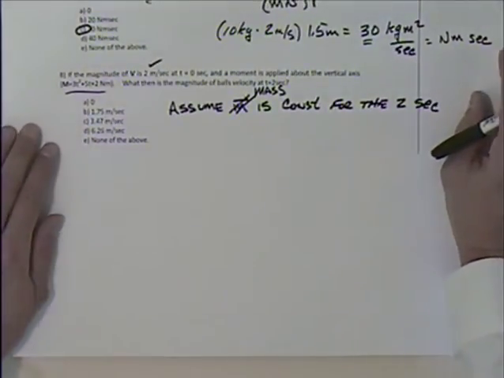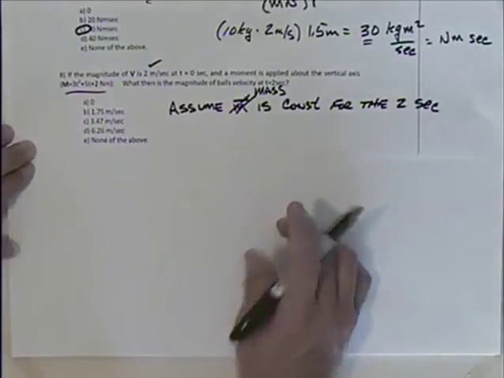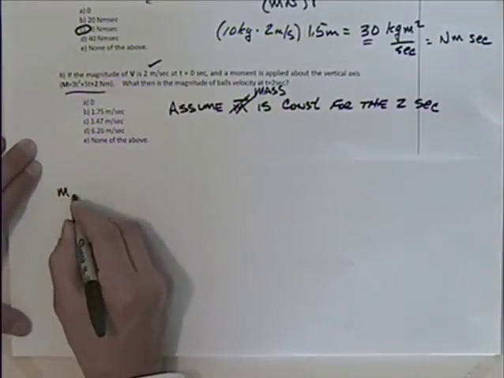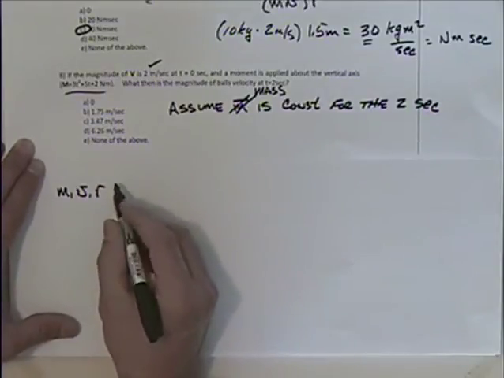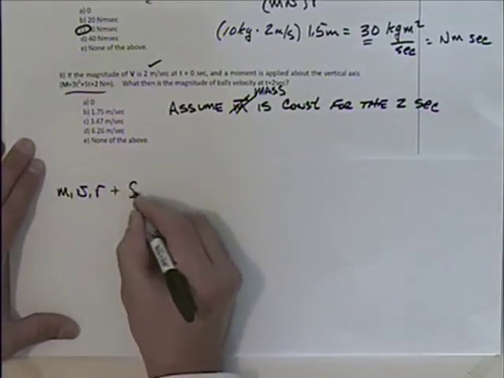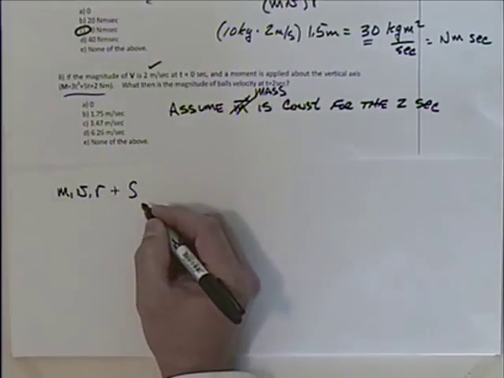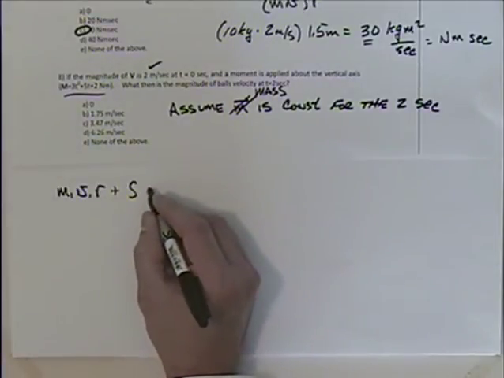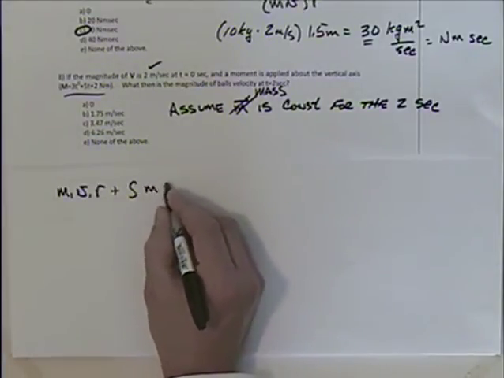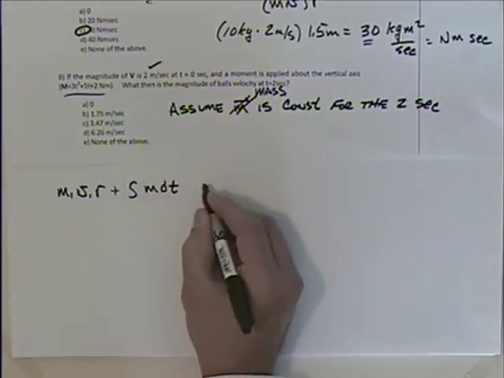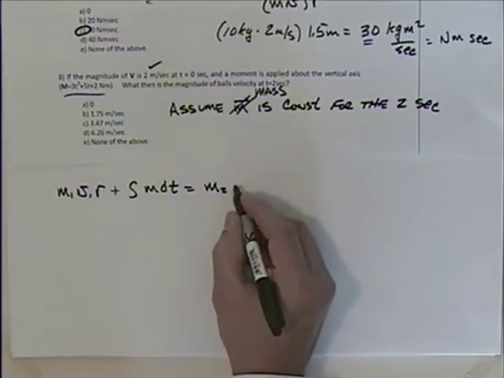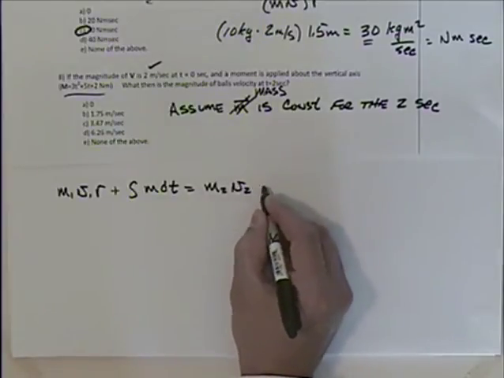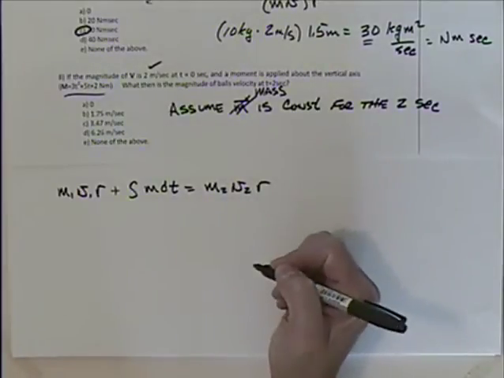So if I go through this, I can say that I have m1 v1 times r plus the integral of M dt is equal to m2 v2 times r.